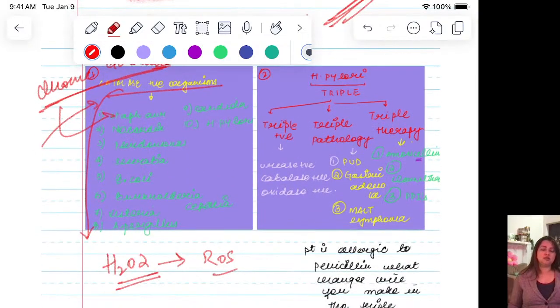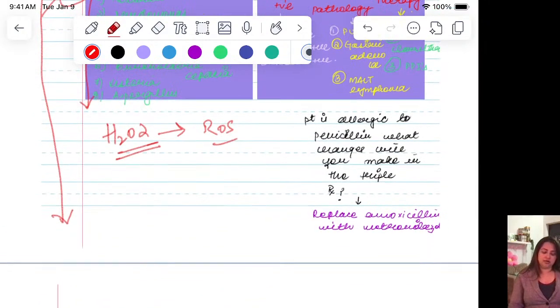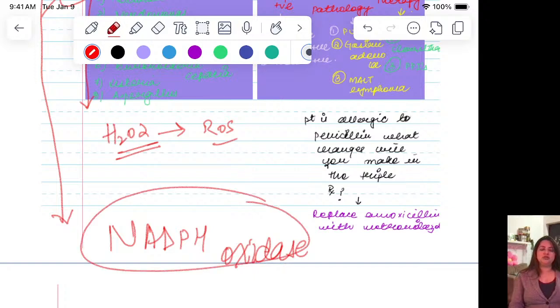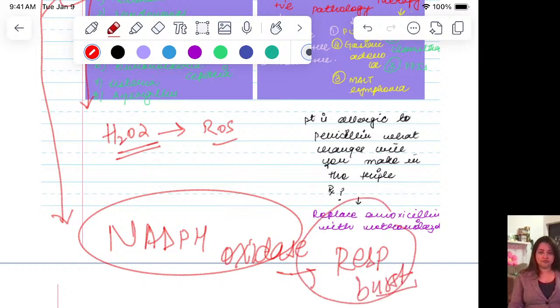We were talking about catalase positive organisms. Now, a patient with chronic granulomatous disease has a problem with NADPH oxidase, a very important enzyme implicated in the respiratory burst. In the respiratory burst, NADPH oxidase and myeloperoxidase have a very important role.